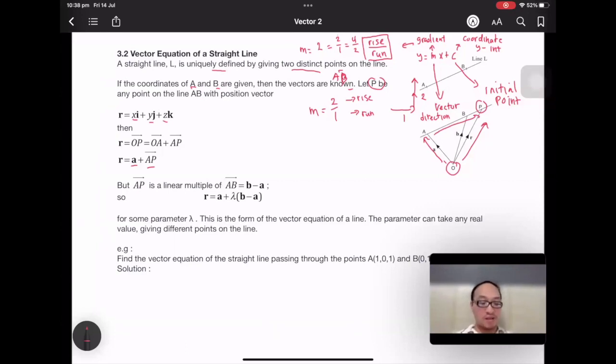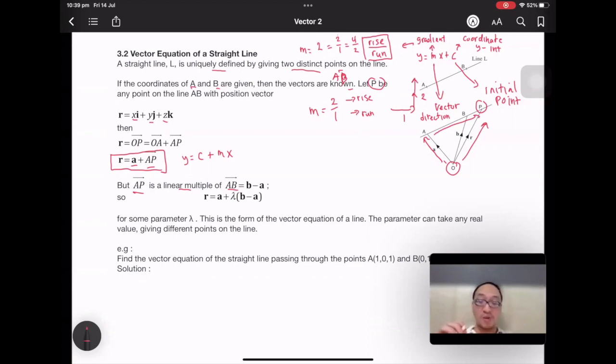Now, you can see this is similar to the general formula of the line equation, y equals c plus mx. AP is a linear multiple of AB. Because P is on the line, AP is a multiple of AB.